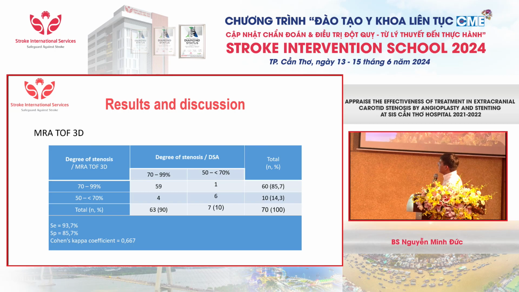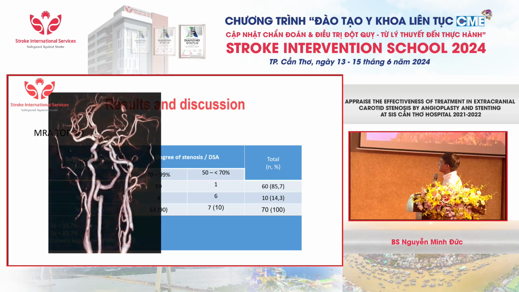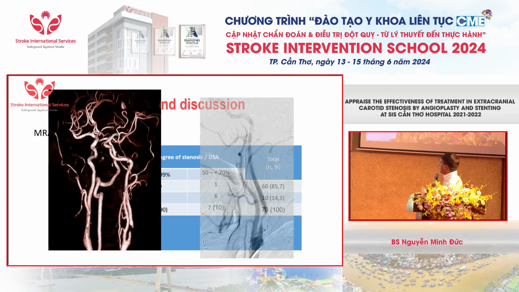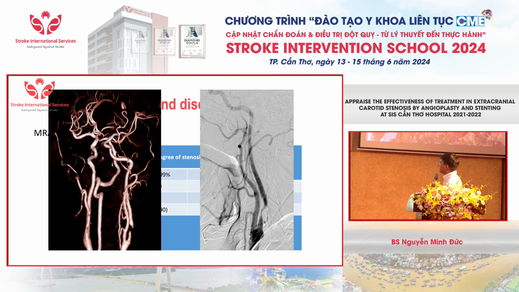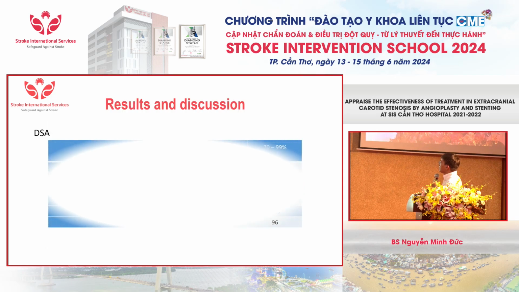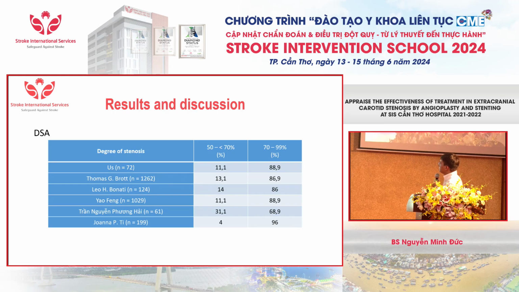In 70 patients, the DSA imaging result showed surface stenosis similar to the result of the MRI. This is on MRI, and this is on DSA. This is similar. This is our result with surface stenosis, about 88%, like other studies.